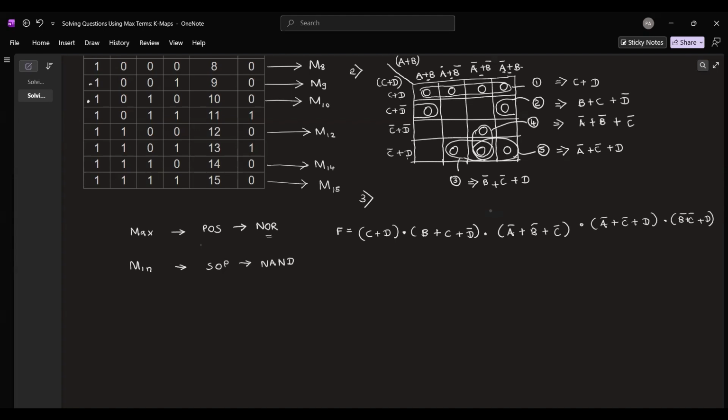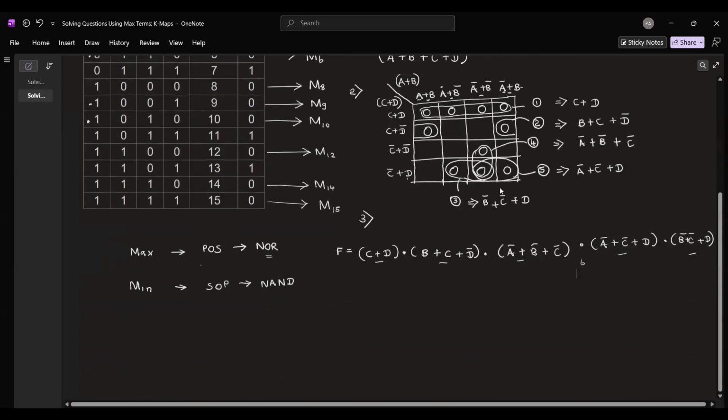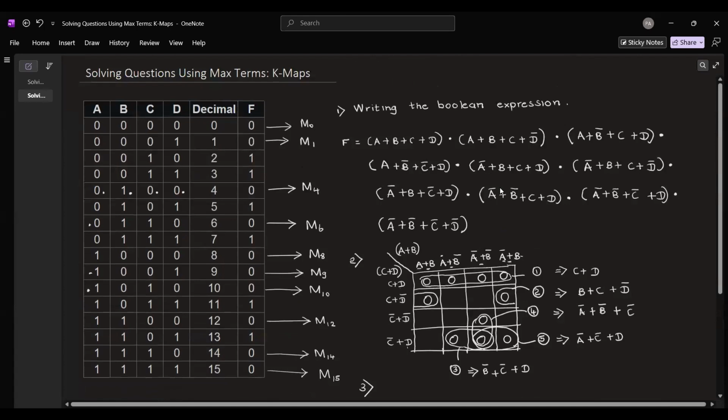So when we do that, we will need 1, 2, 3, 4, 5, 6, totally 6 NOR gates to complete this circuit diagram. Try it by yourself. We will be talking about this in the practice questions mostly, but this is how you have to solve questions using Maxterms through K-maps.